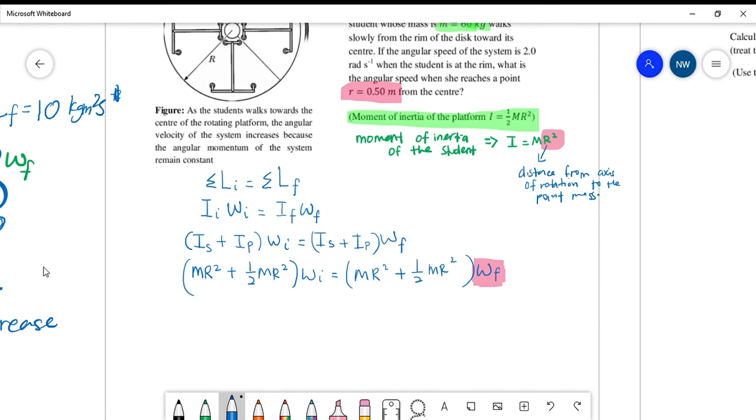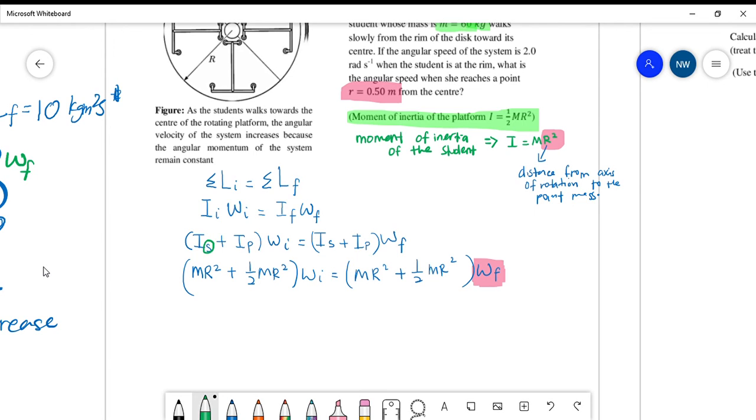In order to do this, we just need to substitute all the values here, but please take note of the values so that you won't get it wrong. For m, it is the mass of the student because we are calculating the moment of inertia of the student.